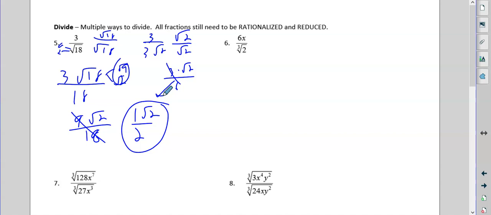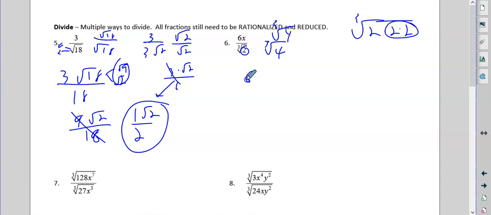Next, now notice this is a cube root, which means we need 2, 2, 2. We only have 1, 2, which means we need to multiply by the cube root of 4 to get us that 8, which is a perfect cube.